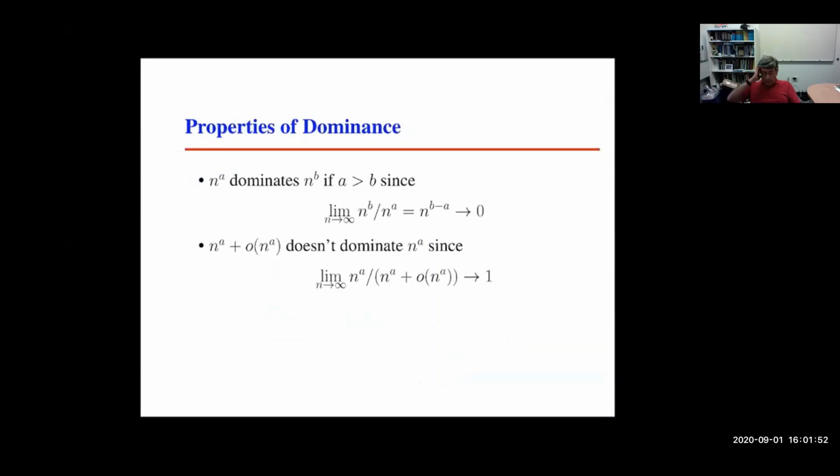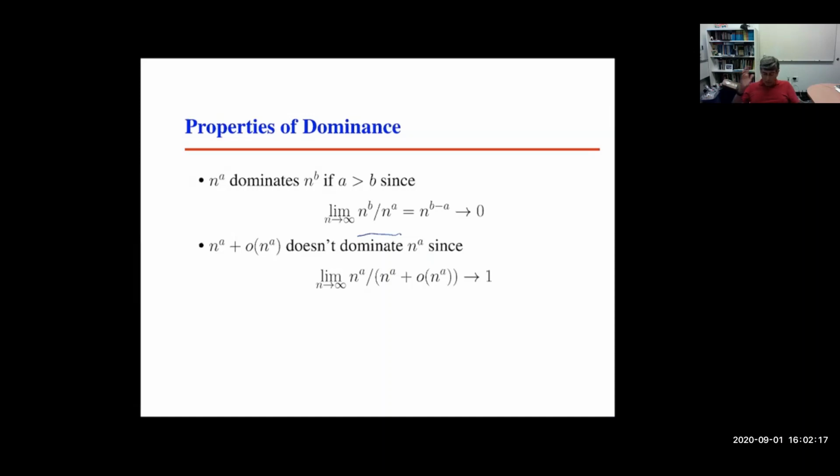So implicit within this notion of the big O, this dominance, is that whenever you have two polynomials, n to the b and n to the a, if b is less than a, the limit of n to the b over n to the a is going to be n to the b minus a, and that is going to go to 0.